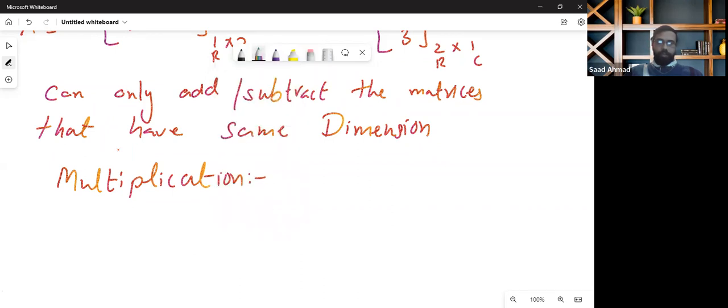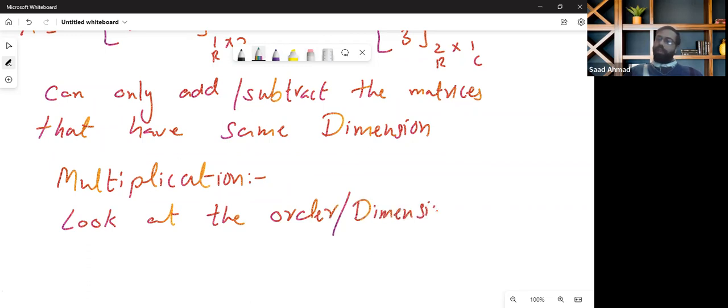So to multiply matrices, we need to look at the order, or dimension, these are the same thing, of the matrices that we are multiplying.